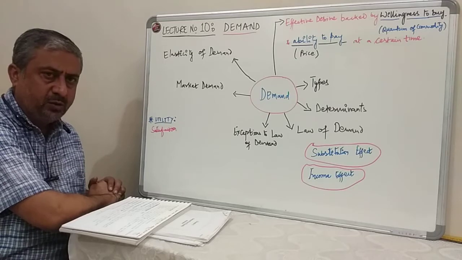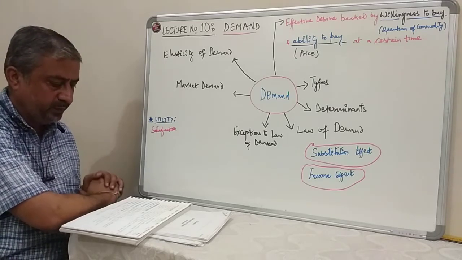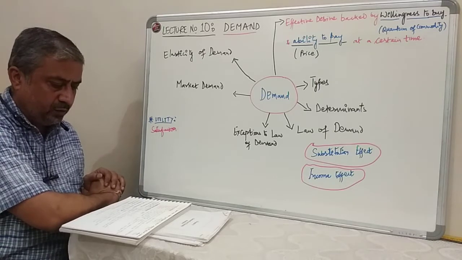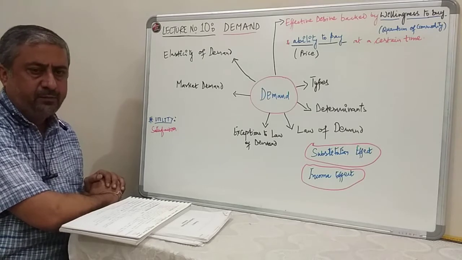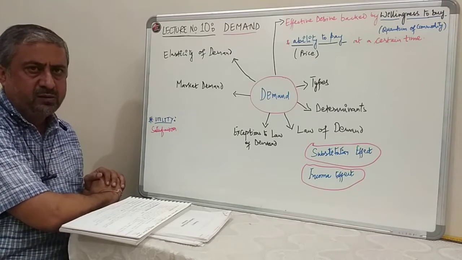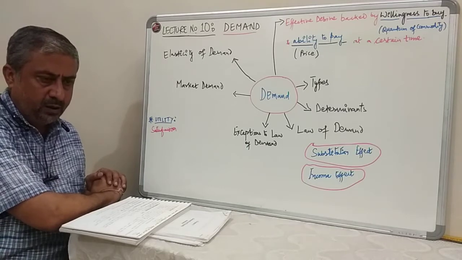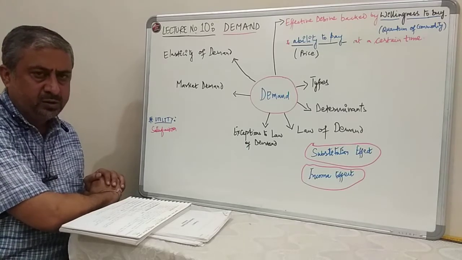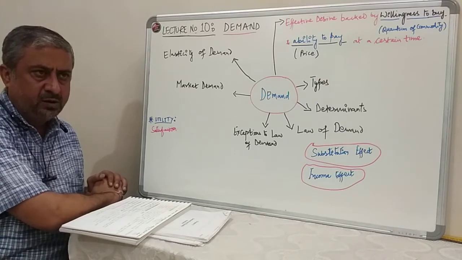The second determinant on which the demand depends is income of the consumer. For normal goods, if income increases, demand also increases. And for inferior goods, if income increases, demand comes down.